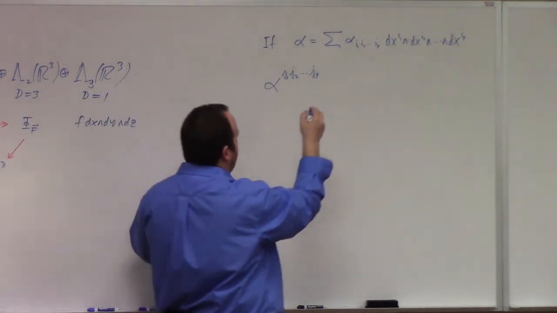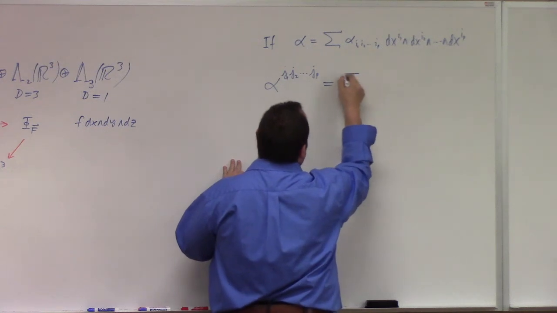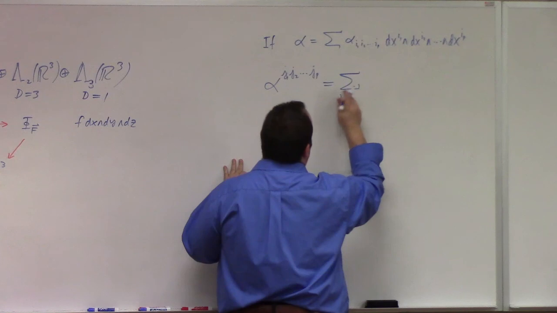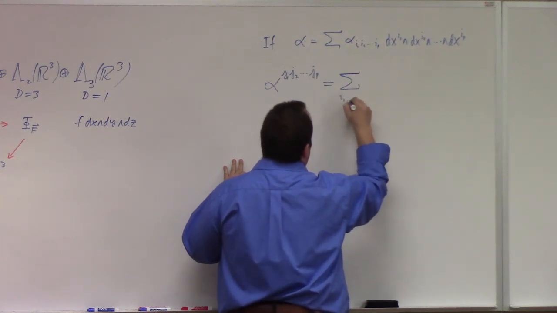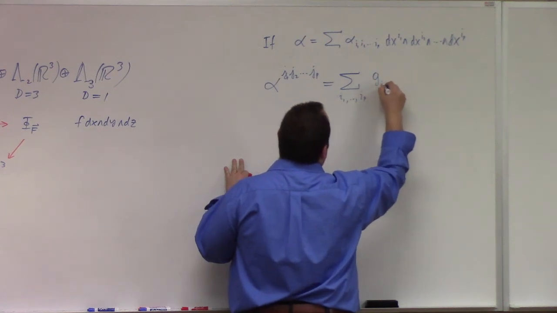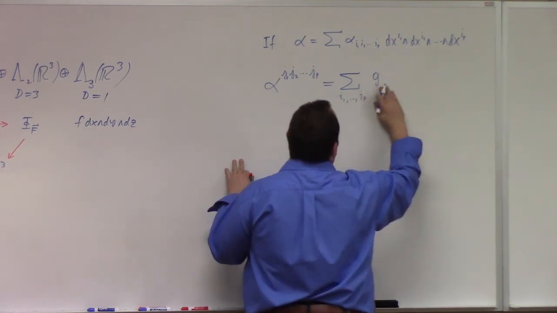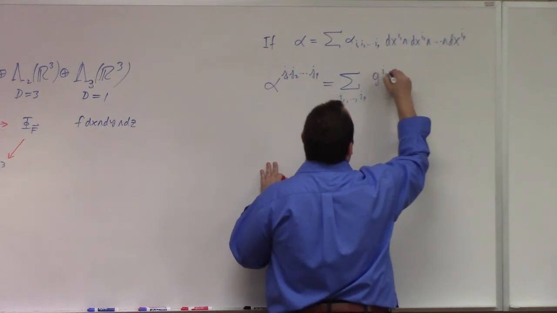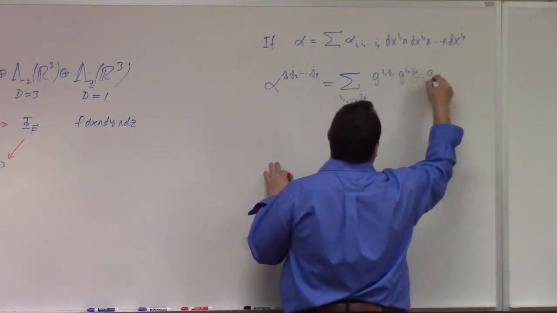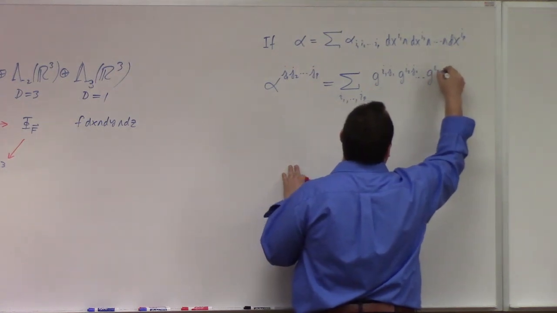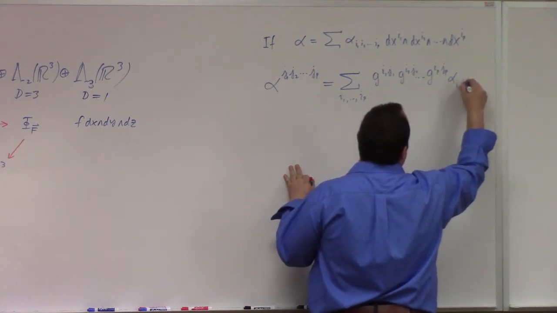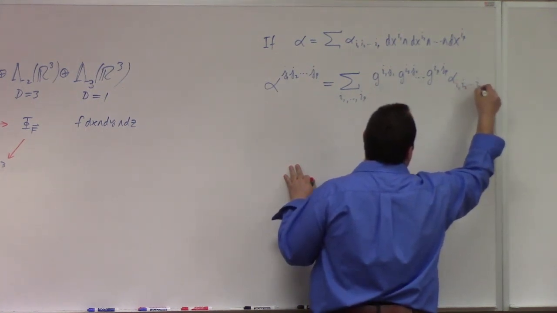The way this is defined is you raise the indices of alpha using this inverse. Let me write down the formula: g i1 j1, g i2 j2, ..., g ip jp, alpha sub i1 i2 ... ip.